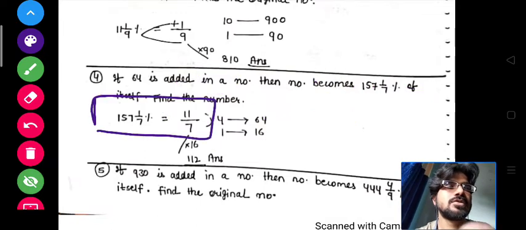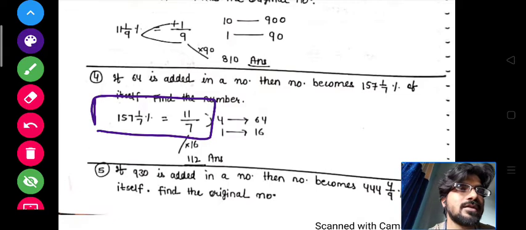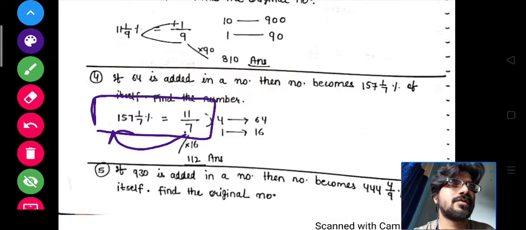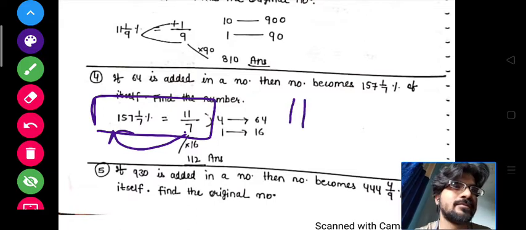So it is said that when 64 is added to a number, then the number becomes 157 1/7%. So the original number is 7. What is the difference between the result and the original value? Result is 11, and the original value is 7. So 11 minus 7 is 4.